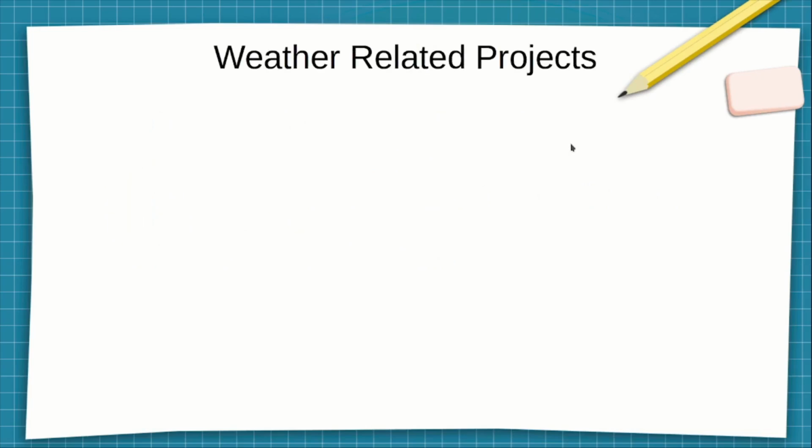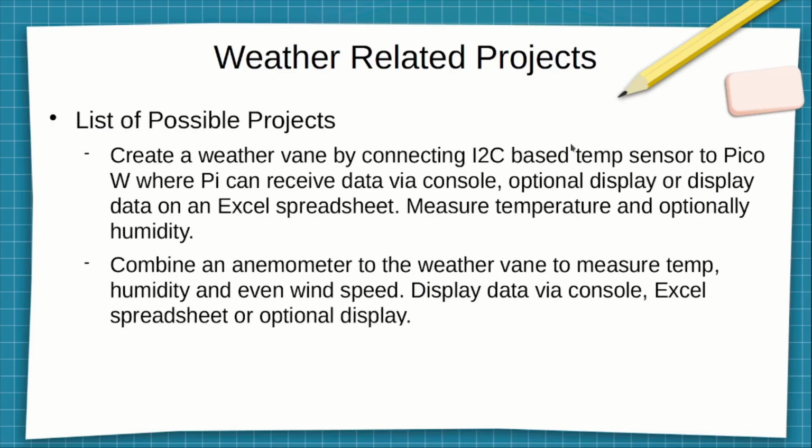Another example is a weather related project. So in this case, you create a weather vane by connecting a temperature sensor to the Pico, and the Pi will receive the data either through the terminal console, or an optional display such as an I2C display, an SPI display, or maybe a DSI display, or display data on an Excel spreadsheet.